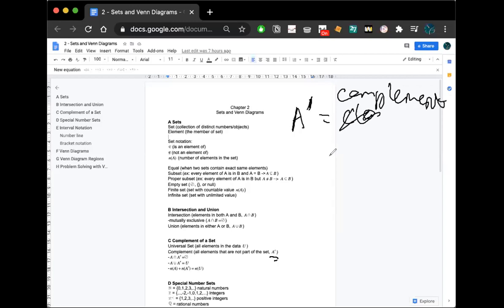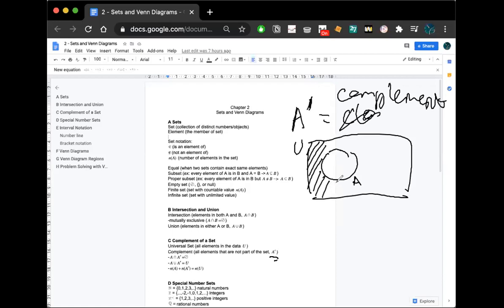So for example, if you have set A, then the complement of A, or A accent, would be this part of it. It's kind of like the opposite of it, technically.